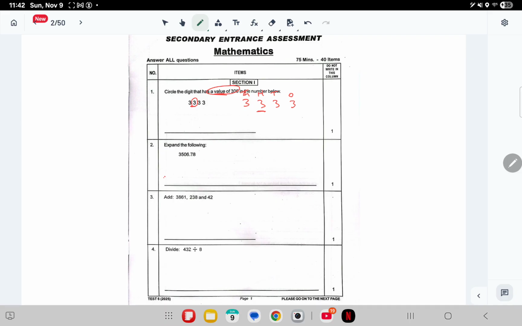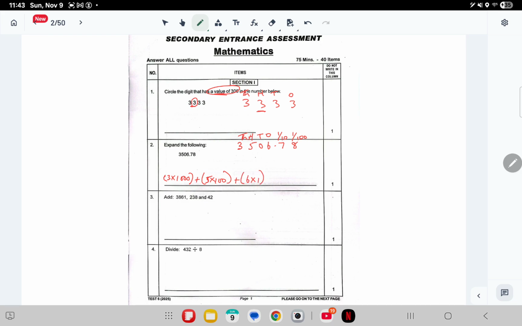Expand the following. So the expanded form, we know, is 3,506.78. So this is hundredths, tenths, ones, tens, hundreds, thousands. So this would be 3 by 1000 plus 5 by 100 plus 6 by 1.